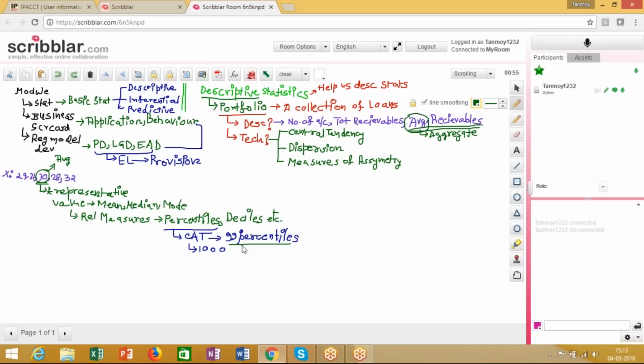So what does that mean? What it means is that the marks that I have got are such that 99% of the 1,000 students have got marks which are less than or equal to mine, have scored less than or equal to my score, right?